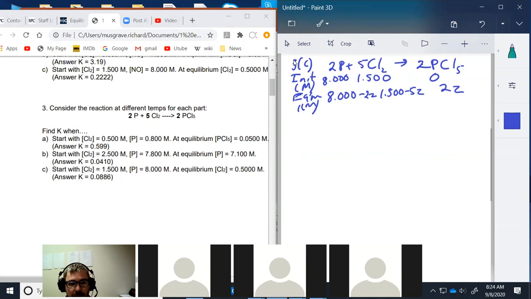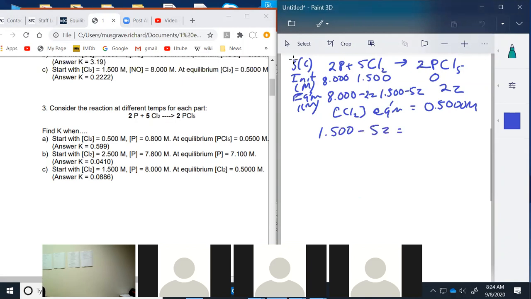Now we need to calculate the z value first. And we're told at equilibrium that Cl2 is 0.5000 molar. So what we know is that 1.500 minus 5z is equal to 0.5000.